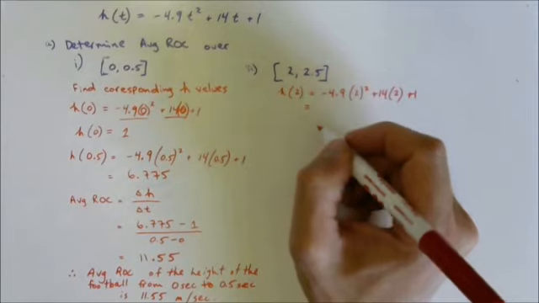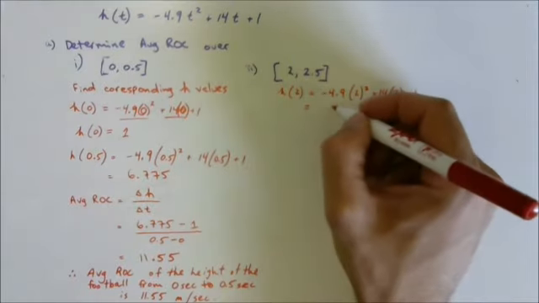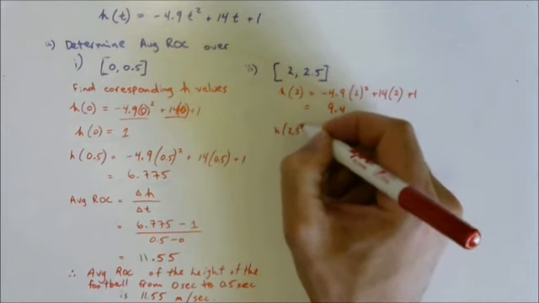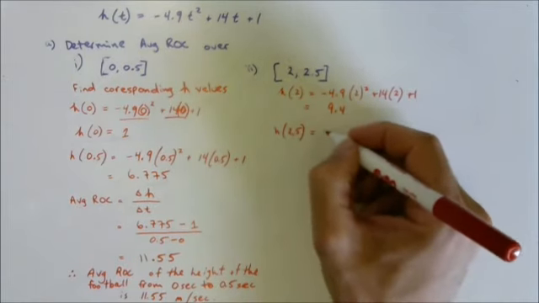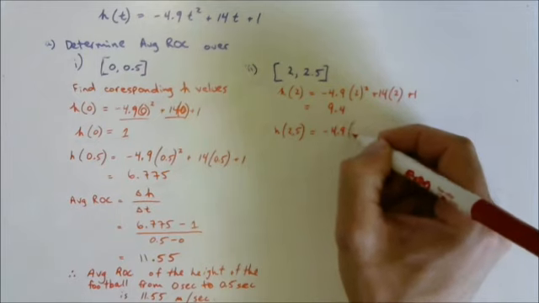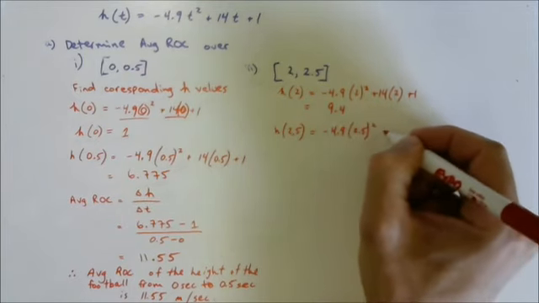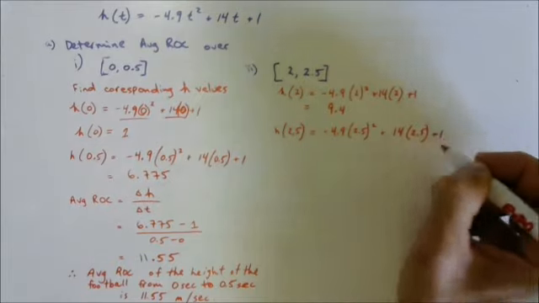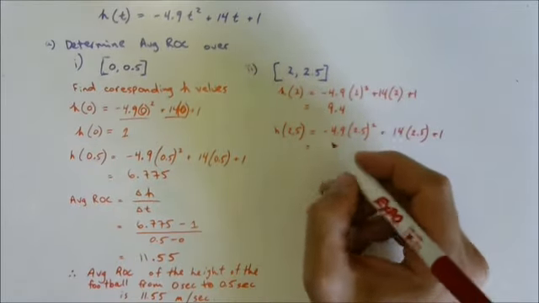That is 9.4. Then we're going to find out the height of the ball at 2.5 seconds, which means I'm going to sub in 2.5 into our equation everywhere we see a t. The answer is 5.375.